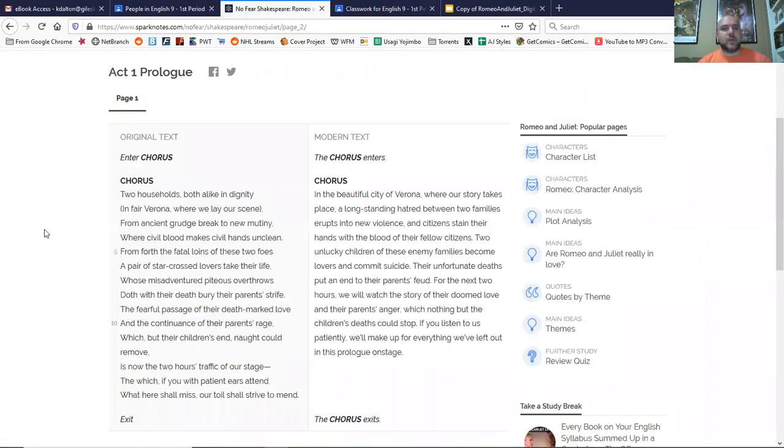So what you have here is on the left-hand side, you have the original text. This is how Shakespeare wrote it. And then on the right-hand side, you have modern text. They translate it into what this would mean nowadays. So it may be more beneficial for y'all to read this side here, but I will be reading this side here and then translating things.